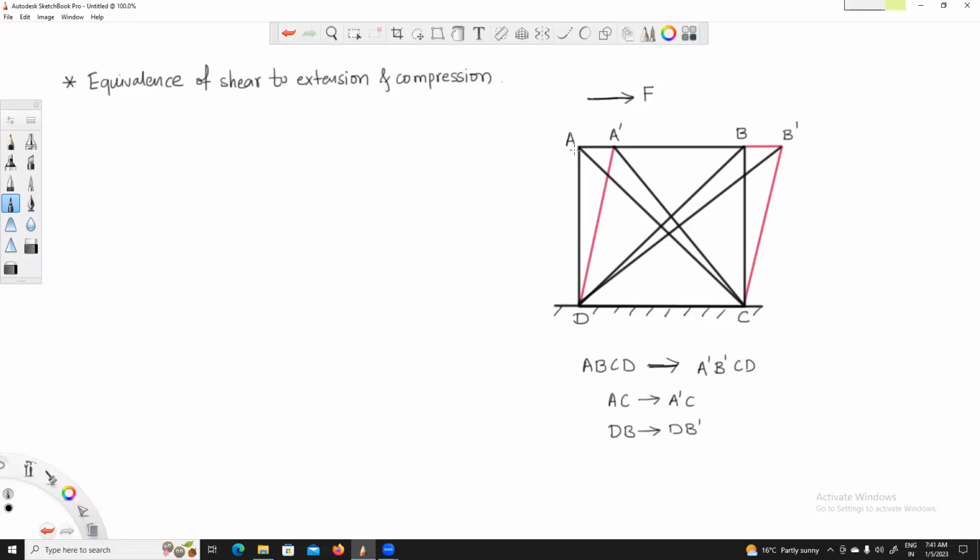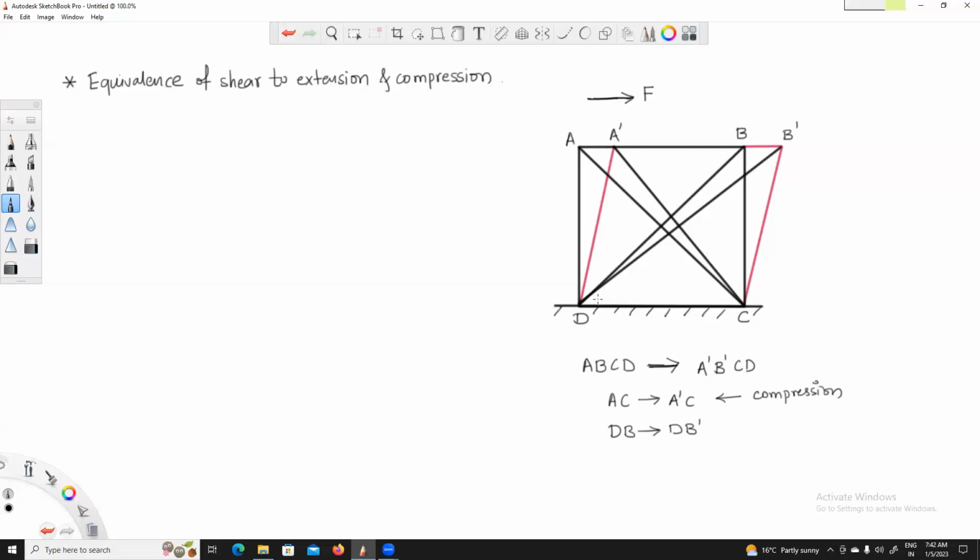Again, if you look at the figure, the length of AC is more than A dash C. So we can conclude that the length of the initial diagonal AC is now reduced. As this length is reduced, I can say this is a kind of compression, because in compression, the length of a fiber is going to decrease, right?